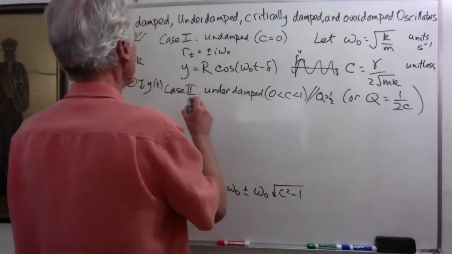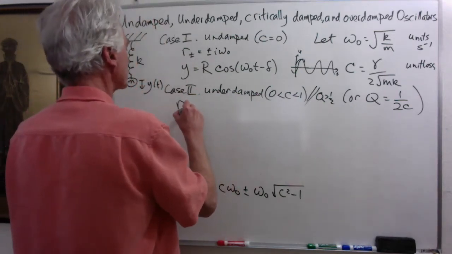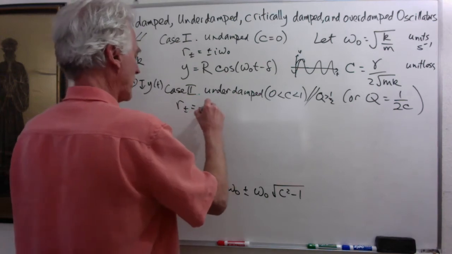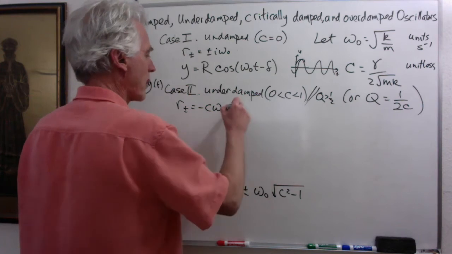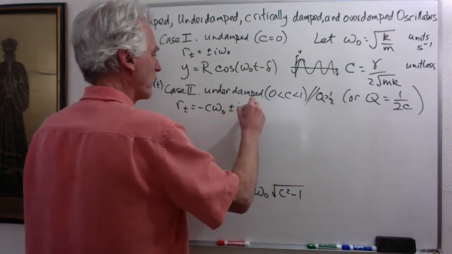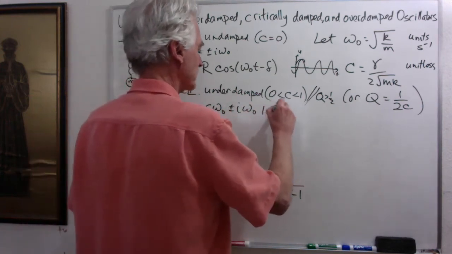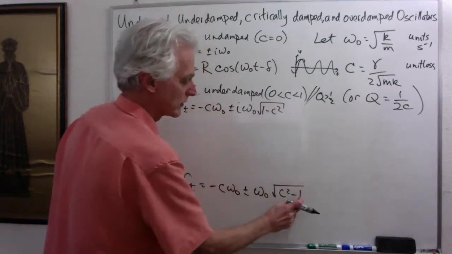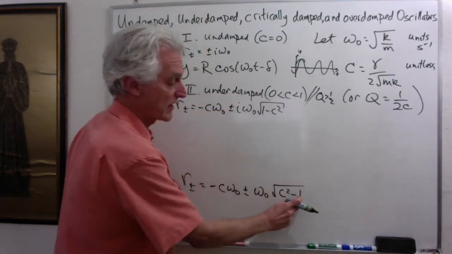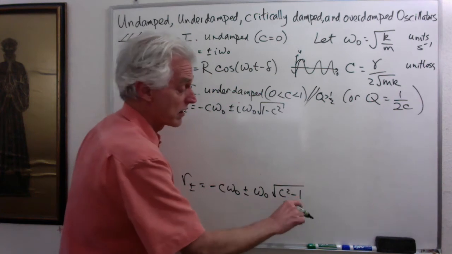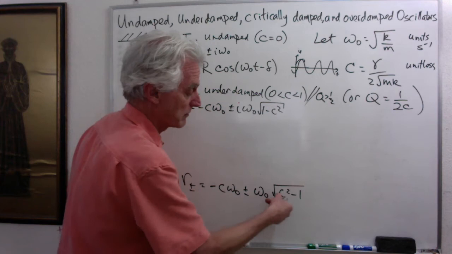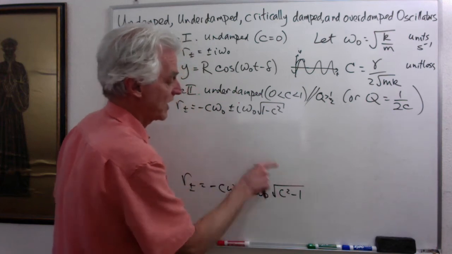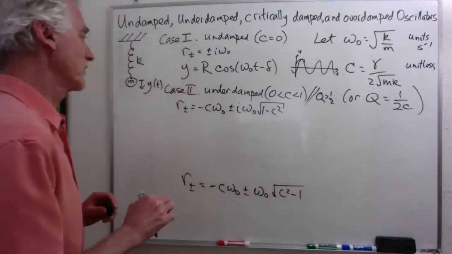So what we have here, the roots r plus or minus are minus c omega naught, plus or minus i omega naught times the square root of 1 minus c squared. So when c is small like that, the thing under the root is a negative number. I switch it and multiply by minus 1. Minus 1 gives it the i, and then I end up switching that. Okay.